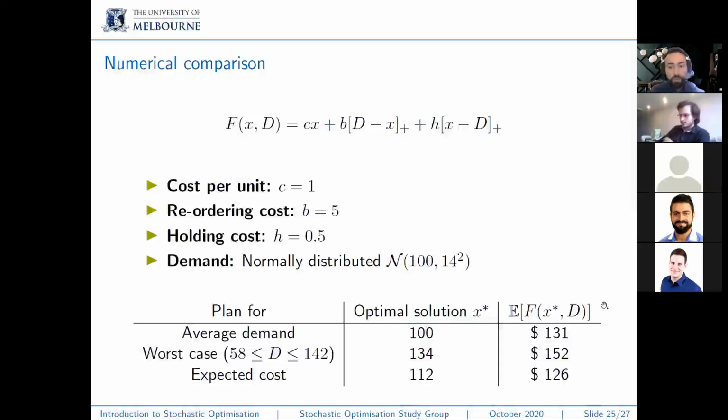So I compute the expected value of the cost by using each one of these three. And we can see that the worst case, of course, gives you a more expensive cost, which is a more conservative approach because it's safer. And the expected cost for the stochastic case is smaller than for the average demand. And it is due to the fact that the demand is actually fluctuating quite a bit.